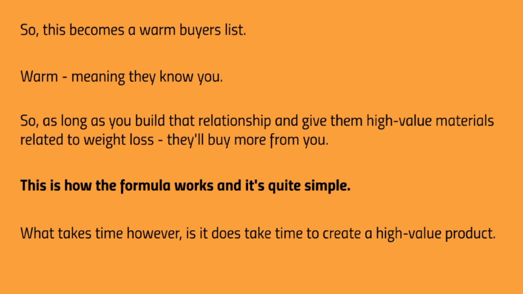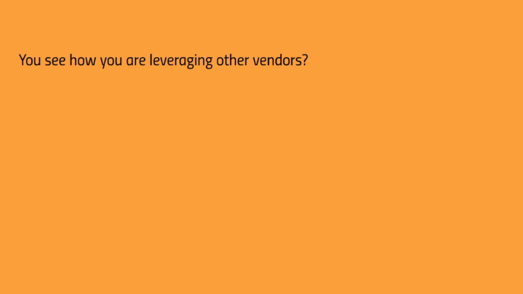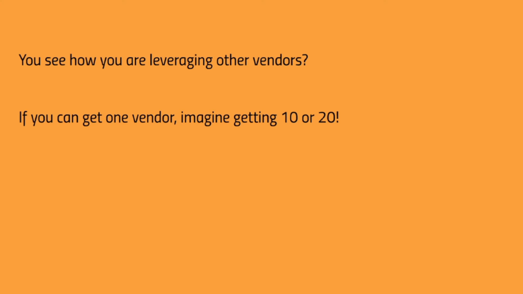So really what it comes down to is most of your time will be focused on analyzing the vendor and buyer, and then creating a high value product that they are already buying out on the internet, but you just produce something of higher value. So you see how you are leveraging other vendors. If you can get one vendor to put this on their thank you page, and even if you're getting a few subscribers a day, those are building your customer base list.